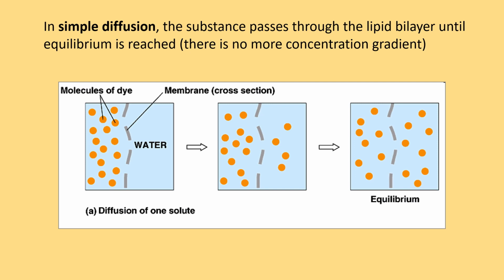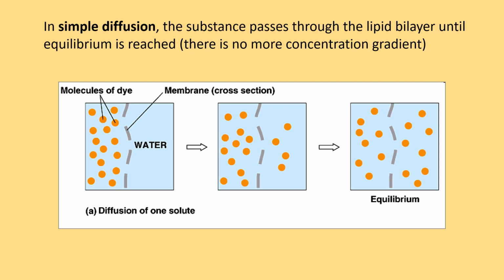Look at these panels. We'll start with the panel on the left, where we see a clear concentration gradient and a membrane that is permeable to these orange molecules of dye. If diffusion proceeds, more dye molecules will move from left to right than right to left.